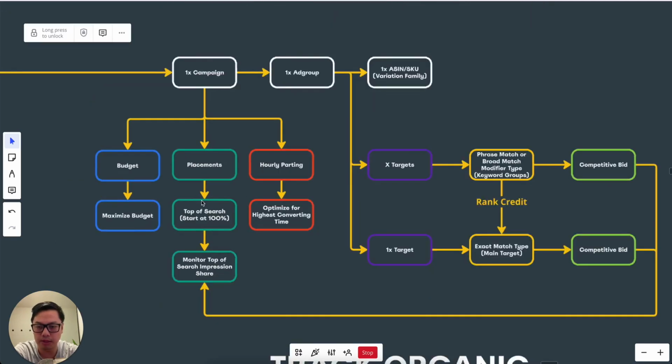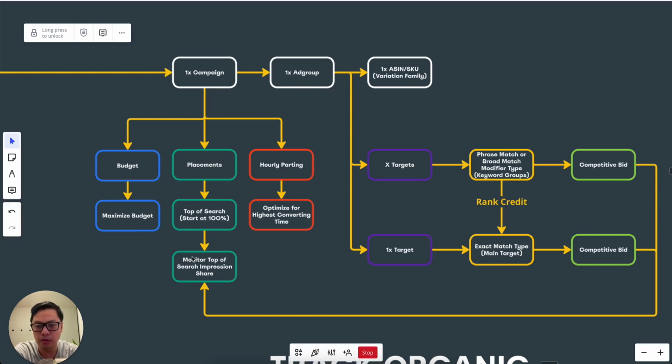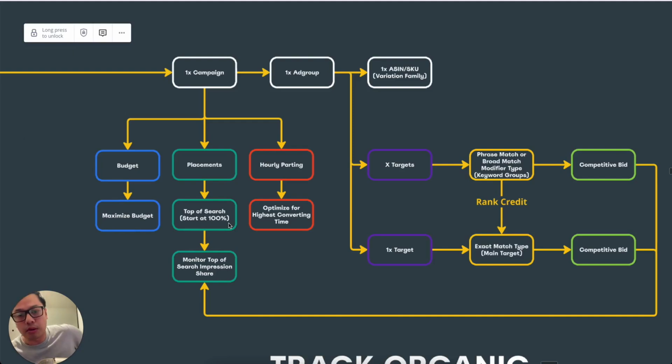We have placements. We can use top of search. Generally, top of search will provide a higher conversion rate, because the customer's intent is such that they see the listings up top and then they purchase. So we have to make sure we put most of our spend and focus at top of search. If we are not at top of search, then there are other problems. We might not be bidding high enough, and we might be showing up in a different placement.